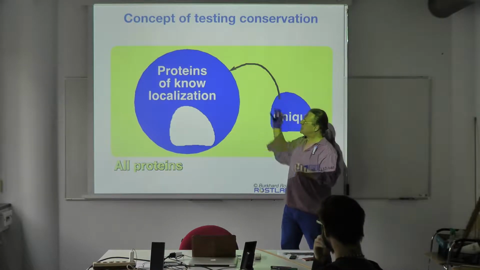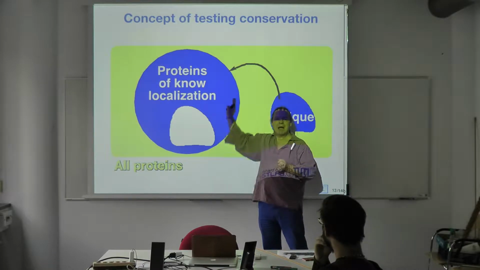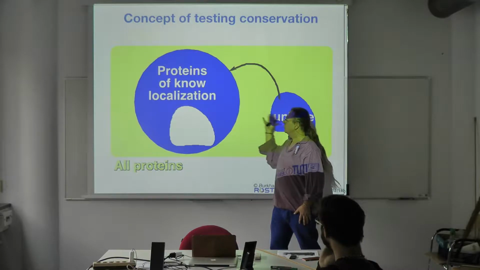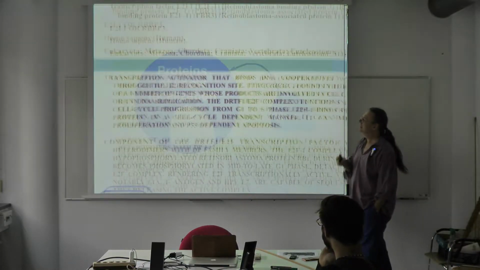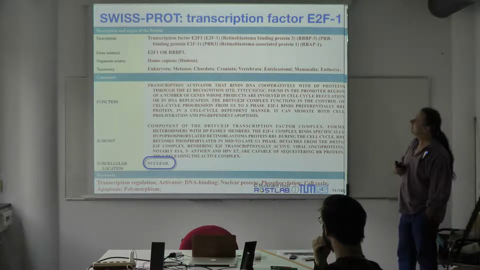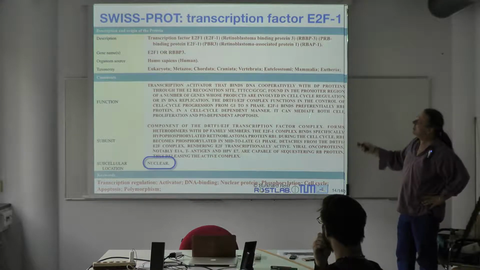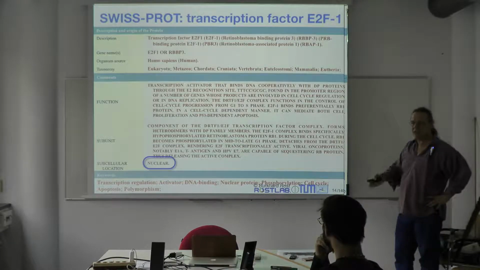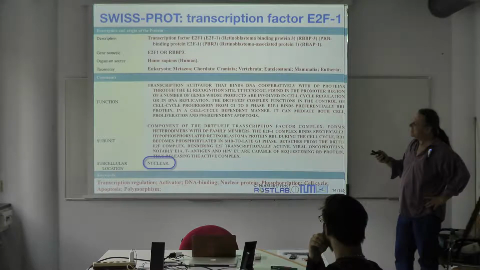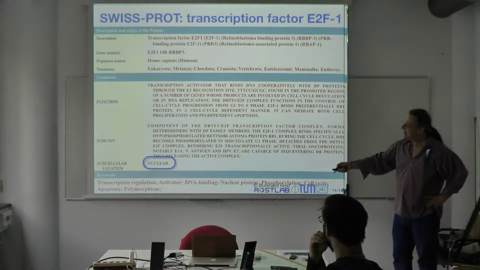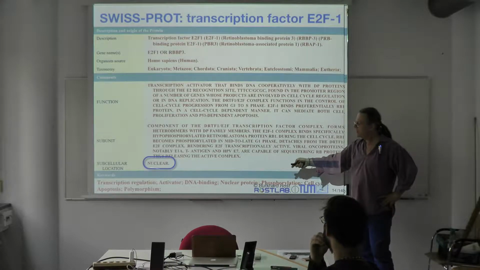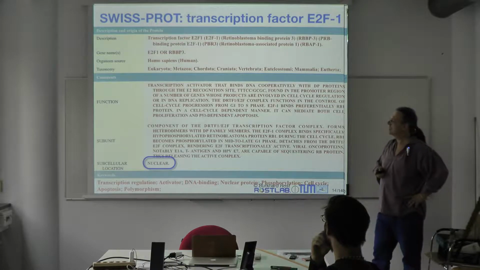And the next best thing could be to sort of somehow remove the bias. But that is getting tricky, so we do unique against the whole thing. Again, you could argue. And again, this is one particular record out of the SWISS-PROT database that annotates the function of about 500,000 proteins, is expert-based, experts who read literature, and there is one particular keyword, sub-cellular location, and in this particular case it's nuclear.